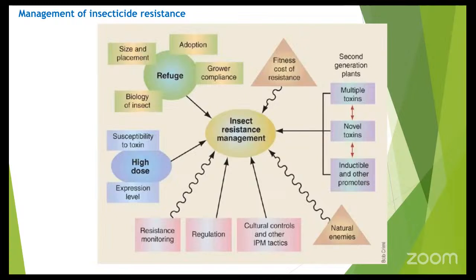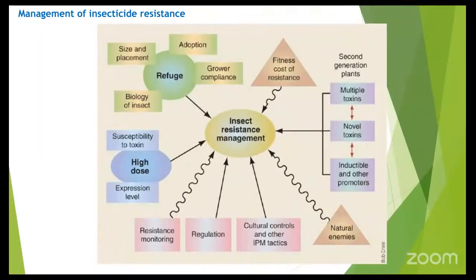So IPM will merge all of these or use any of these in combinations in order to delay the resistance. So pest monitoring and economic threshold, time of application, application techniques, protecting beneficial arthropods and preservation of susceptible genes are part of the IPM management.